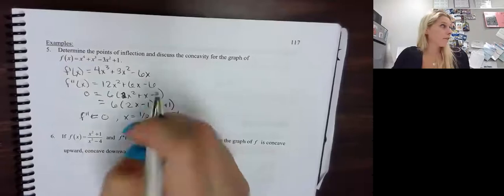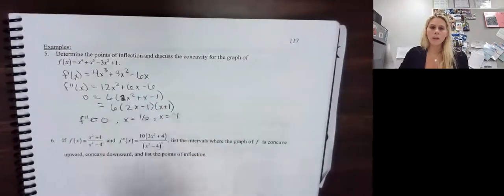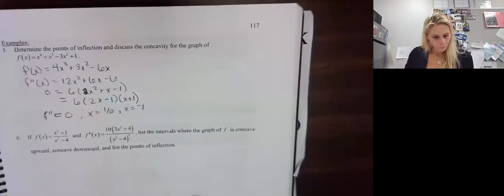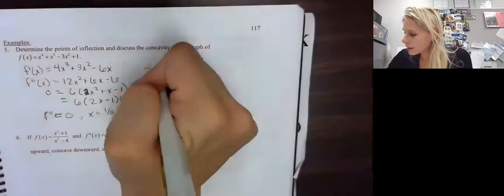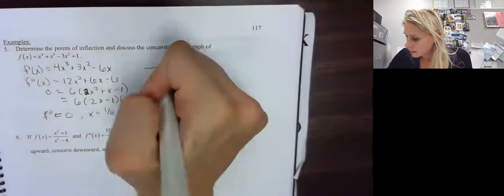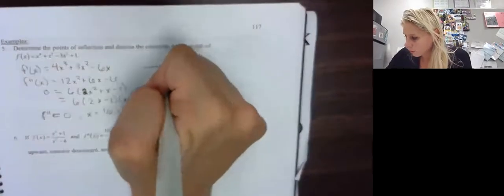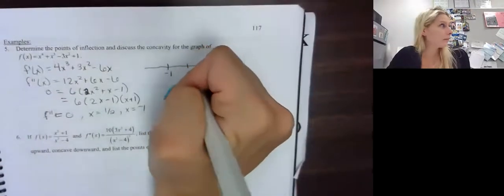So we get that from these values right up here. Okay. Now we need to do our sign ray. So let me put that in order of -1, 1/2.